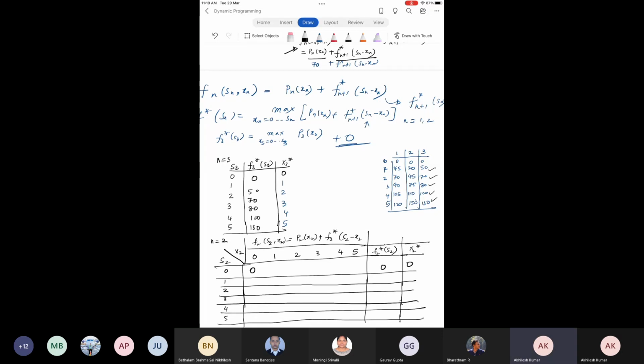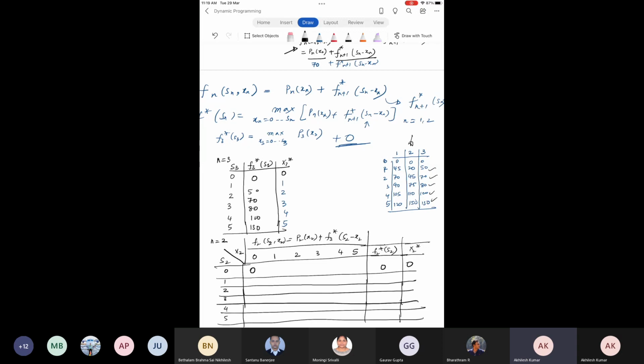Now I'm in state 1, that means I have one team left. What are the possible values of X2 here? 0 and 1. So I'm looking at country 2.